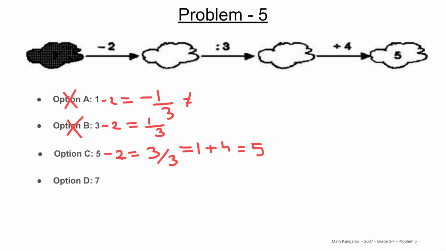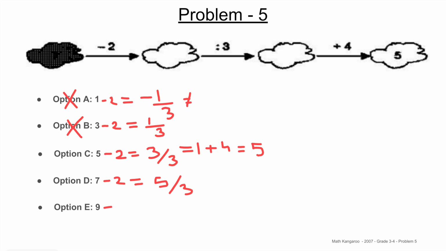Option D, 7. Start with 7 minus 2 equals 5. 5 divided by 3, again, it's not a whole number. It's a fraction. It could not be our answer. Option E, 9.